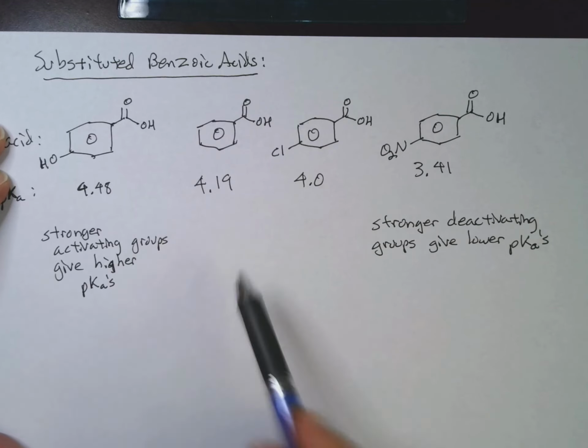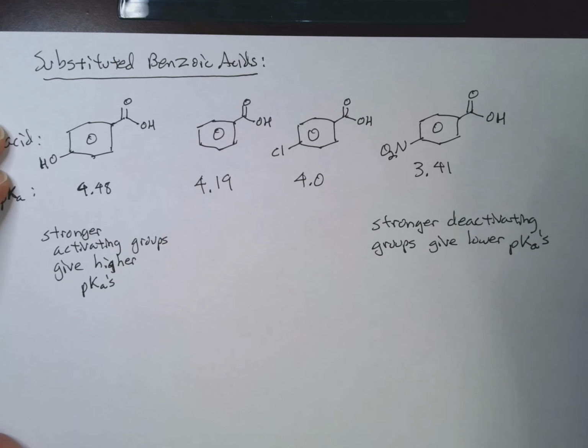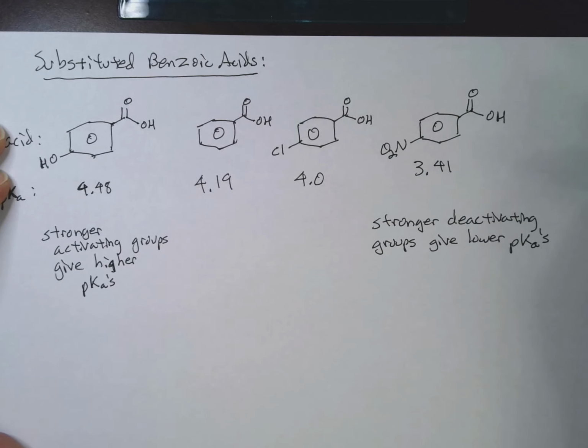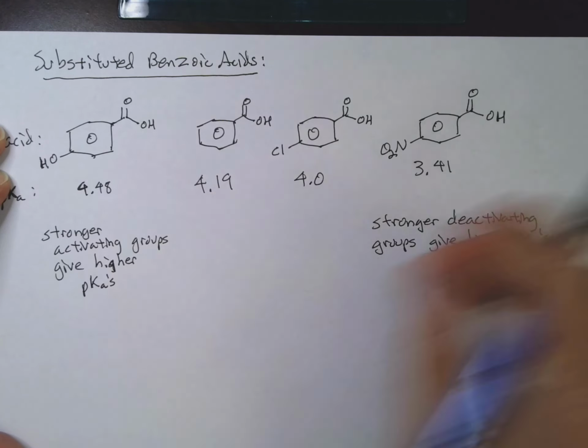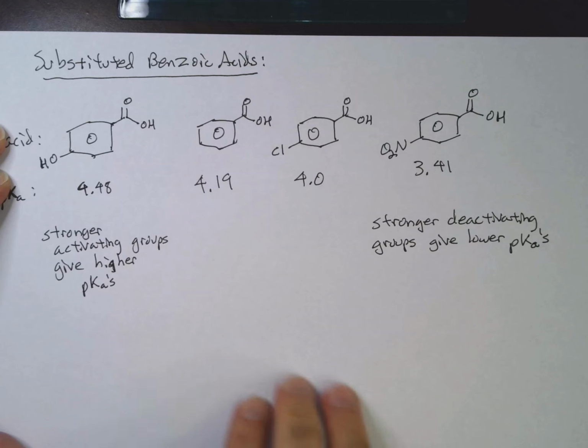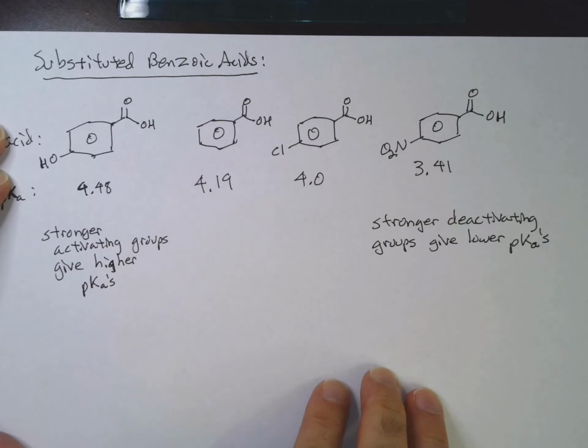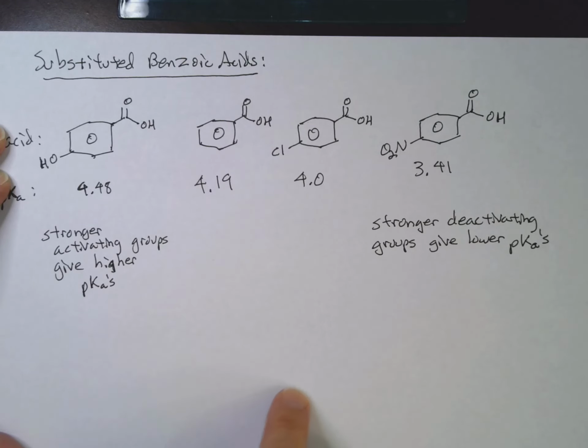So it's relatively easy to determine a pKa. You guys did that in Chem 1B. And it's harder, though, to measure rates of electrophilic aromatic substitution reactions. So what you could do is have your substituted benzoic acid, let's say you had a sulfonyl group there instead of the NO2.